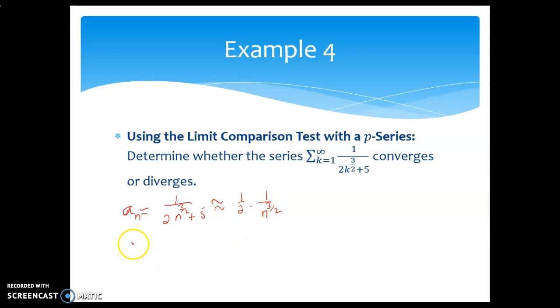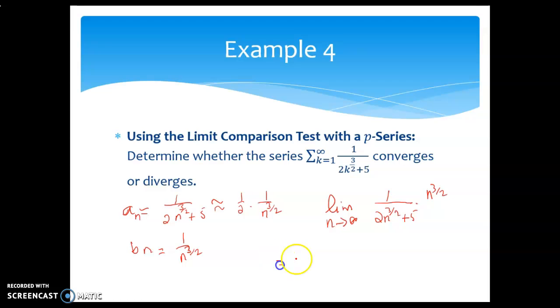So now we may choose our b sub n to be equal to 1 over n raised to the power 3 over 2, and then take the limit as n goes to infinity of 1 over 2 n raised to the power 3 over 2 plus 5. When we divide it by b sub n, we're going to get n raised to the power 3 over 2.